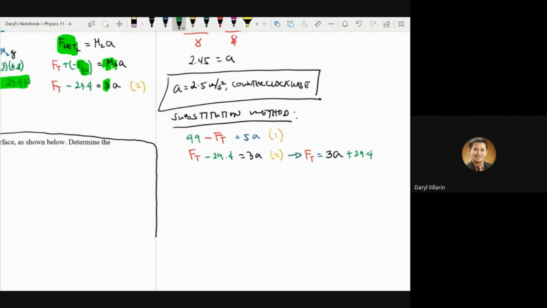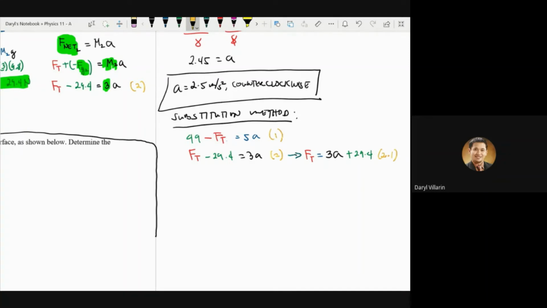So FT is equivalent to 3A plus 29.4. I'm going to call this equation 2.1, because that is coming from equation number 2.